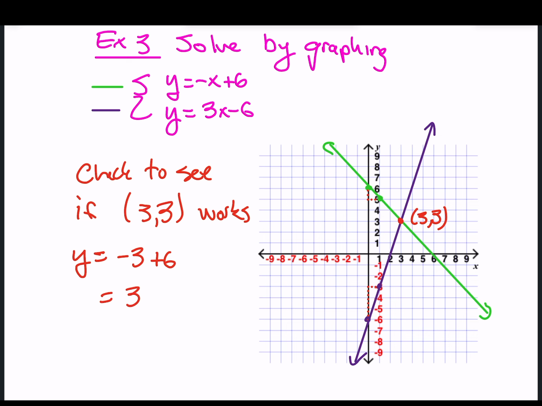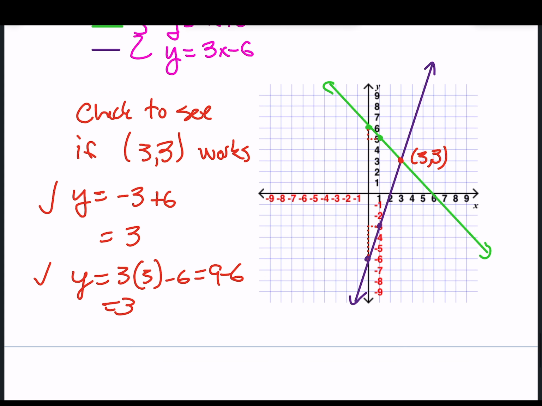Well, negative 3 plus 6 is 3, so that works out. And our second equation is y equals 3x, so 3 times 3 minus 6. Well, 3 times 3 is 9, minus 6 gives us 3, so that checks out. Therefore, the point 3, 3 is a solution to the system.